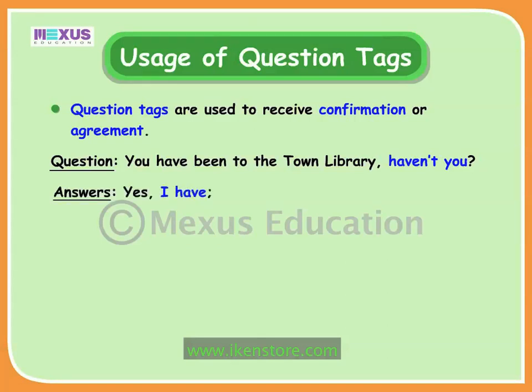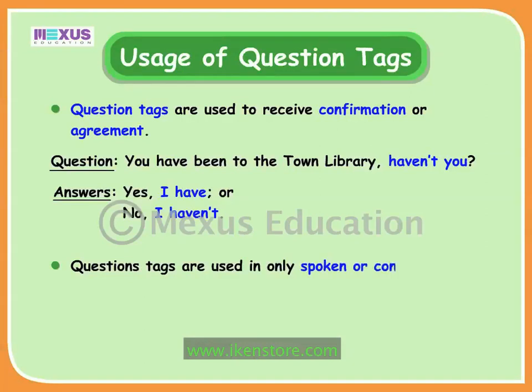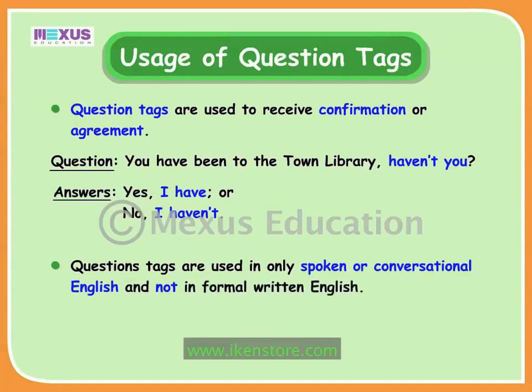Either yes, I have, or no, I haven't. So a question tag helps us to confirm what we have said. Always remember that question tags are used in only spoken or conversational English and not in formal written English.